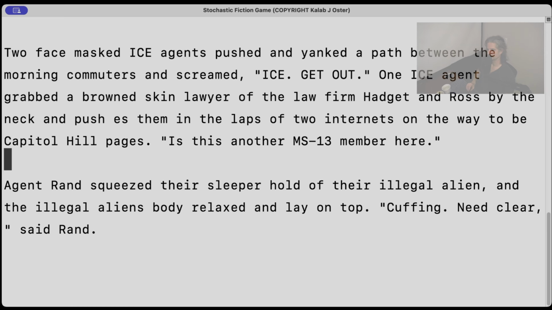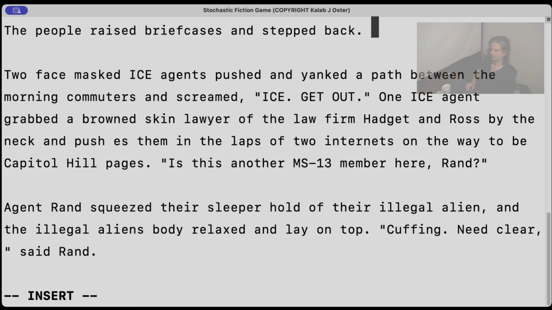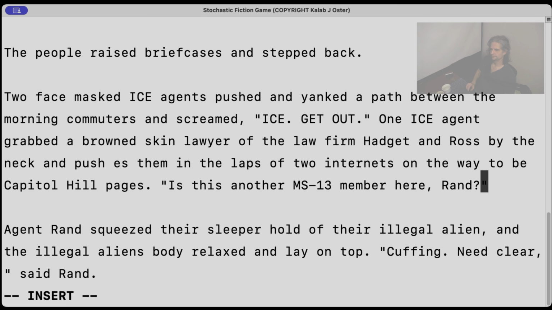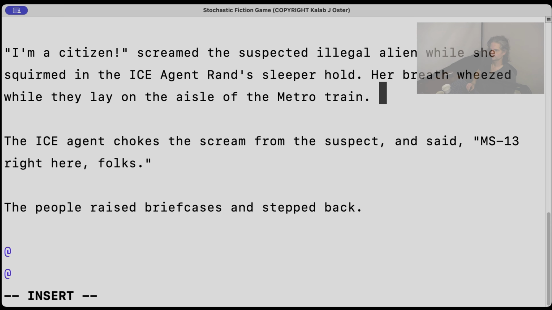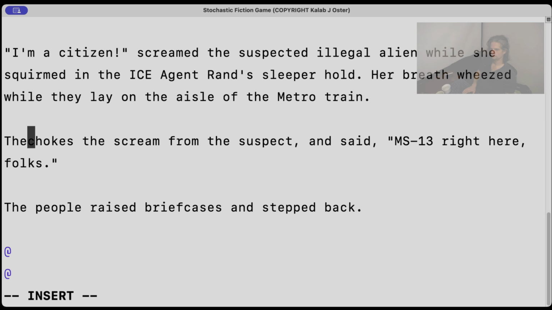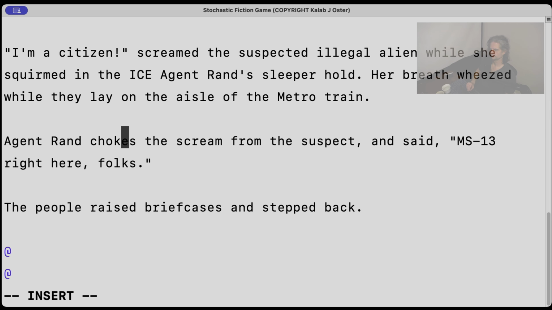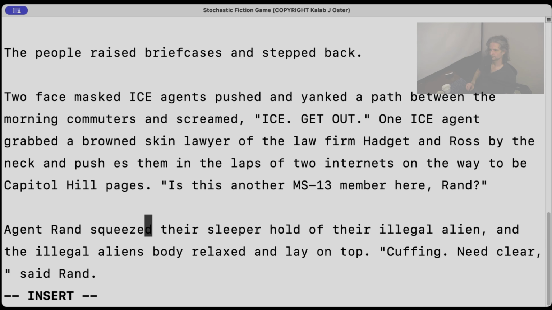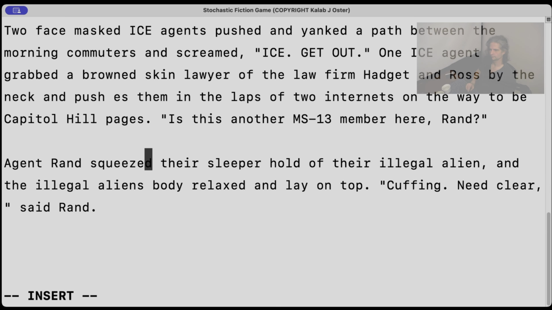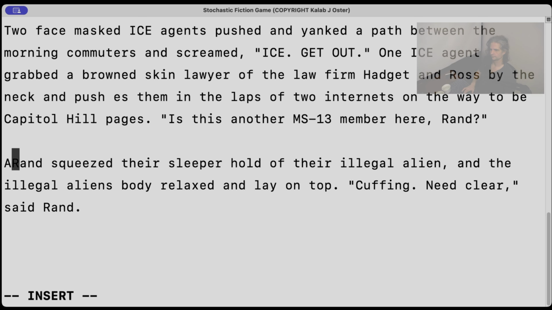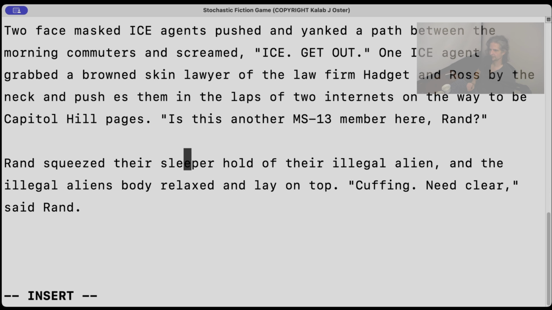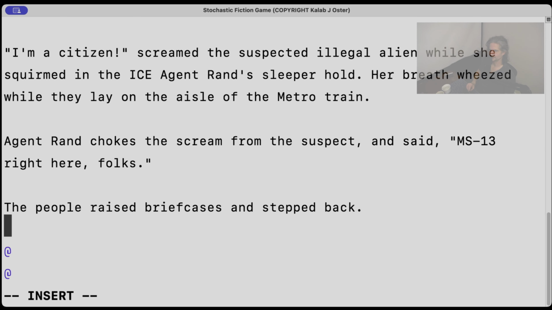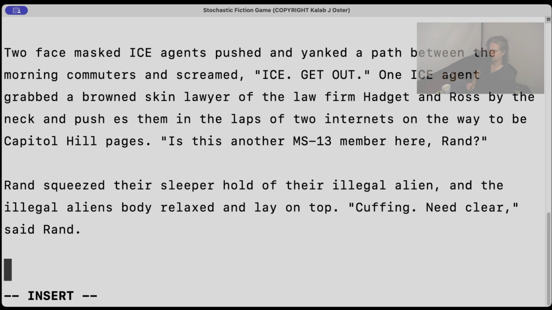So I'll just say, is this... Now I have at least established Rand as an ICE agent by starting with the full name and connecting it and having some dialogue with just Agent Rand and then having it just go into Rand after someone called him Rand.